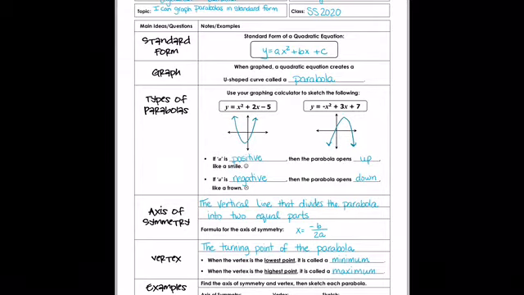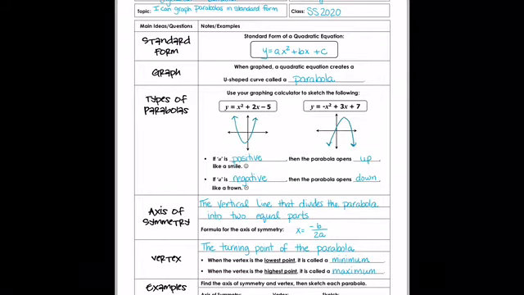So to find the axis of symmetry, what you're going to want to do is use that formula. So we want negative b divided by 2a. Well, a in this example is 1, b is 8, and c is 15.